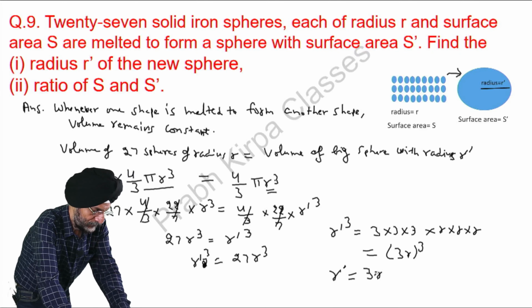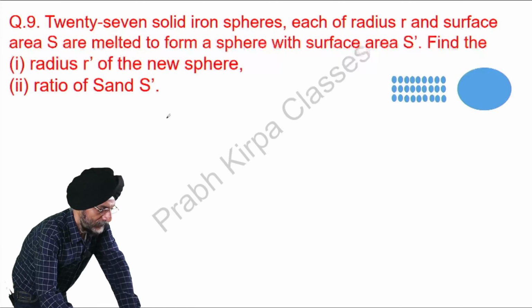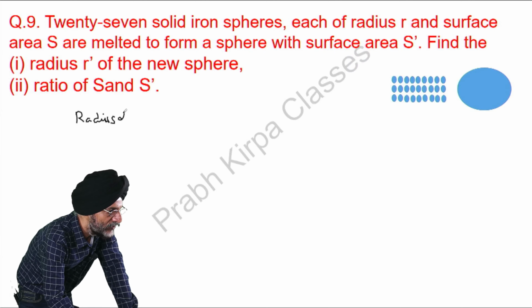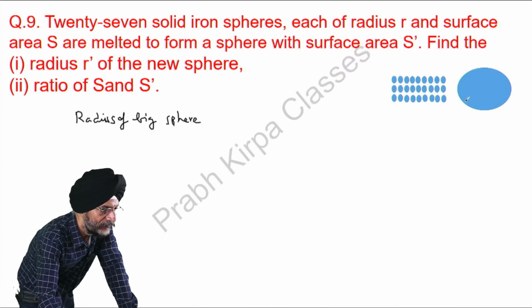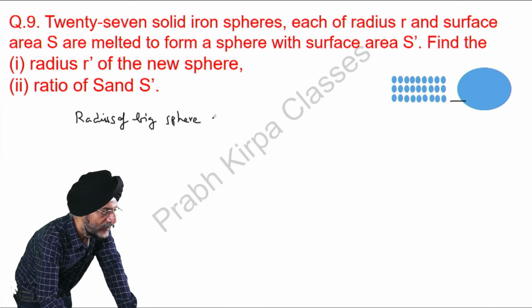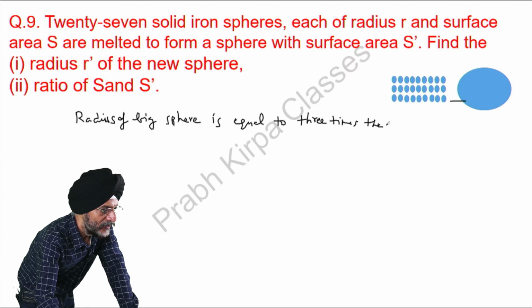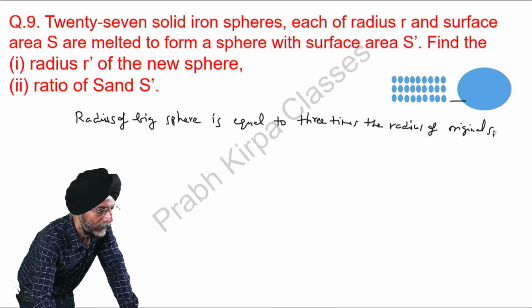So now we will come further. What we have calculated so far is that the radius of the big sphere is equal to three times the radius of the original sphere.